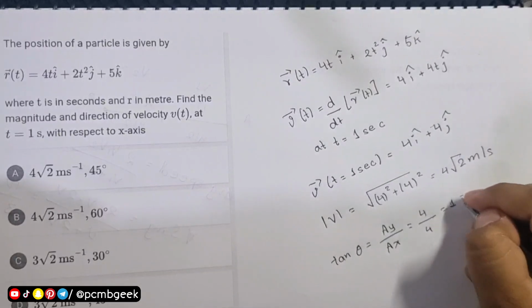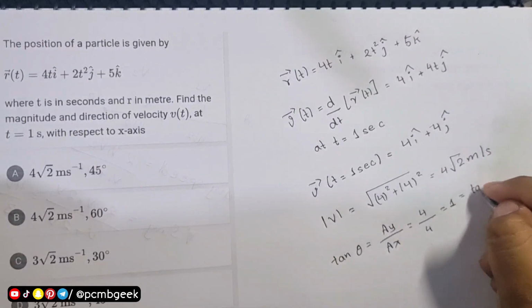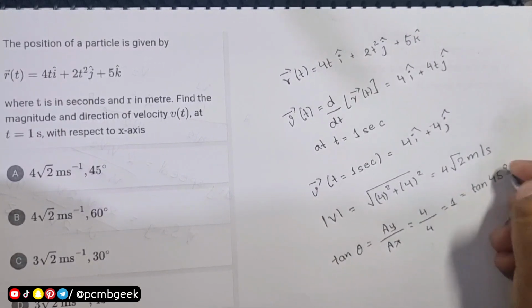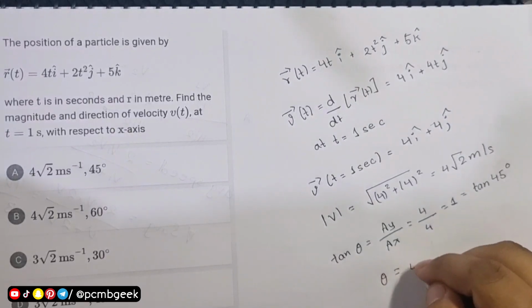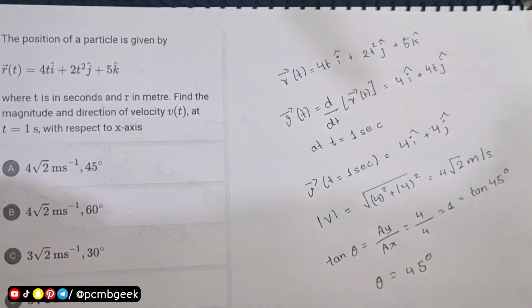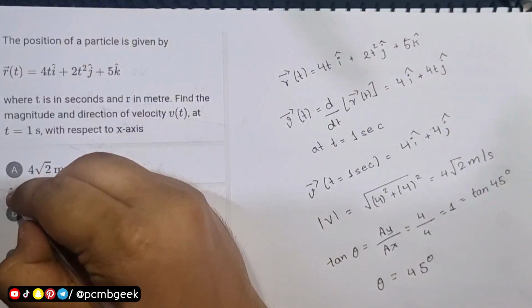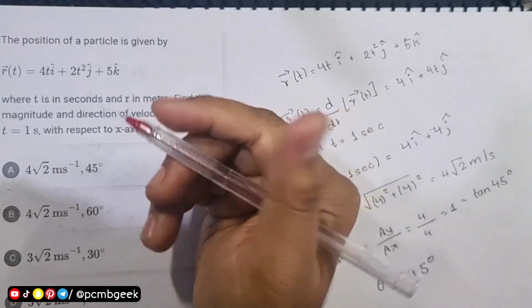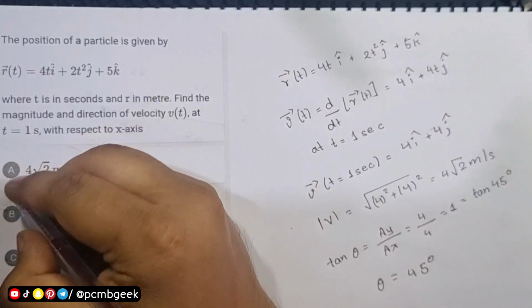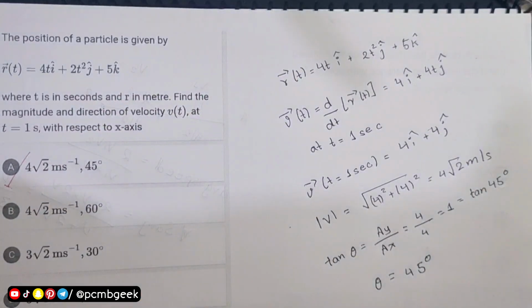As we all know that tan theta equals 1 when the angle is 45 degrees, so the angle is 45 degrees. That means our correct answer is option number A, 4 under root 2 meter per second is velocity, and the direction of velocity is 45 degrees with respect to x-axis.